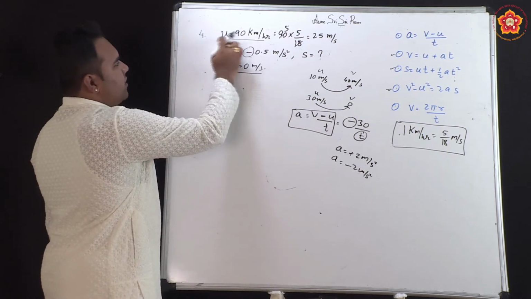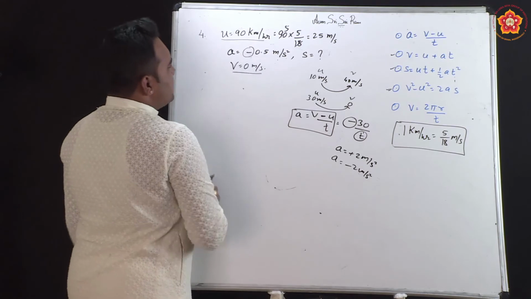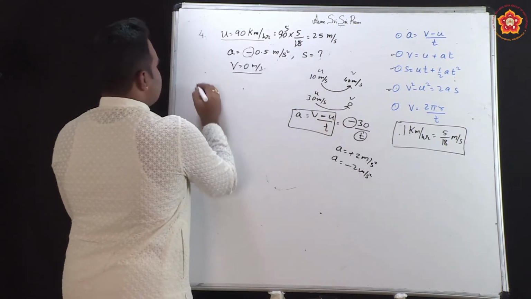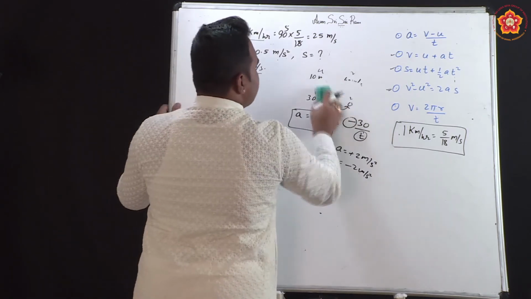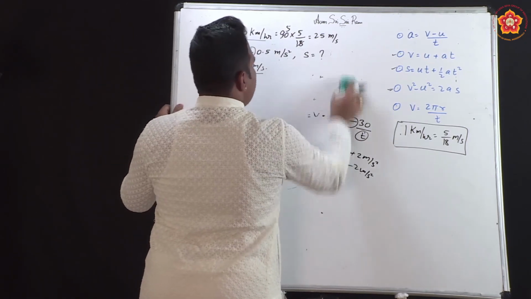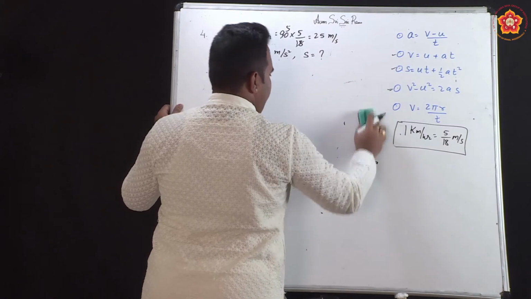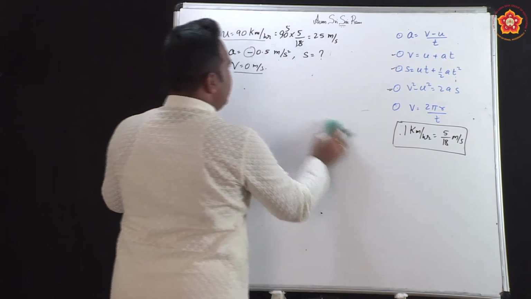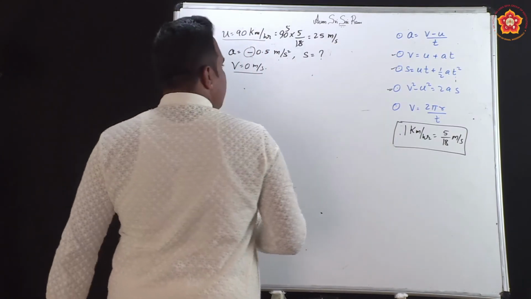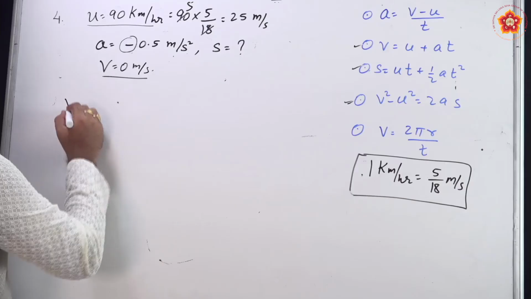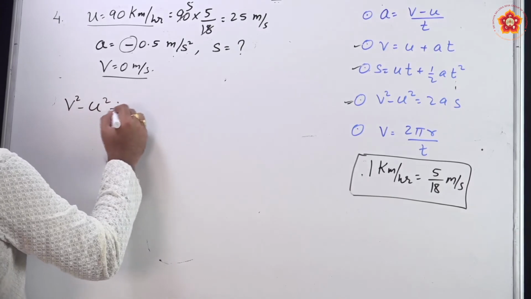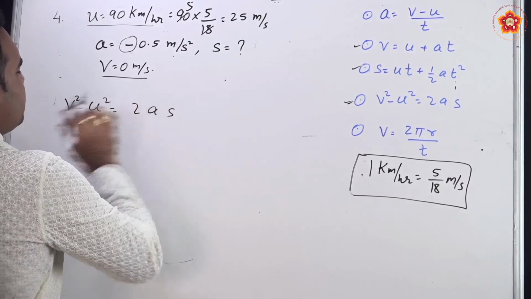So, we have the initial velocity, we have the acceleration, and they are asking us to calculate the distance. So what formula do we use? If you look at all the expressions carefully, we know u and v, we know a, and we are asked to calculate s. So we have to use this expression, v square minus u square is 2as.